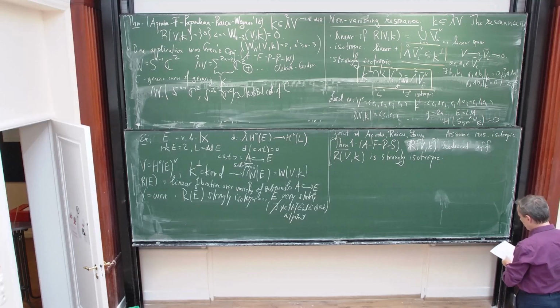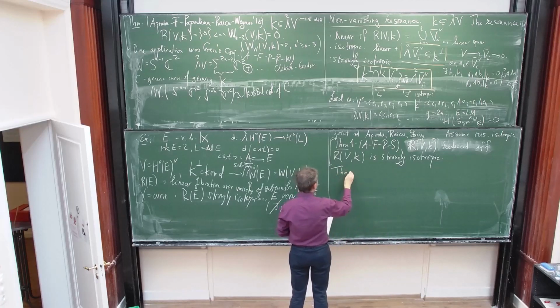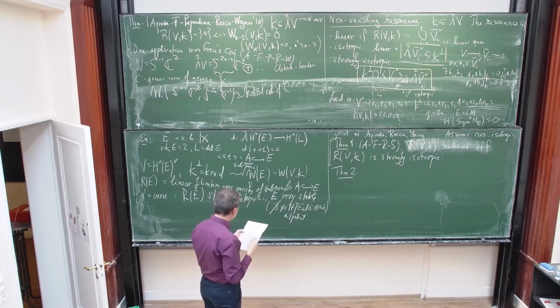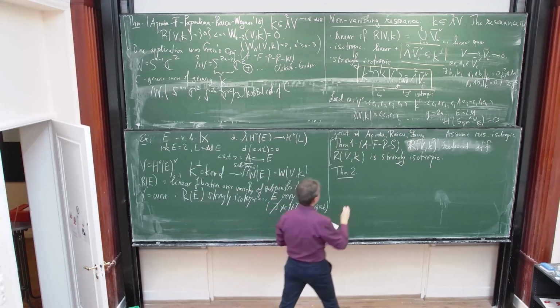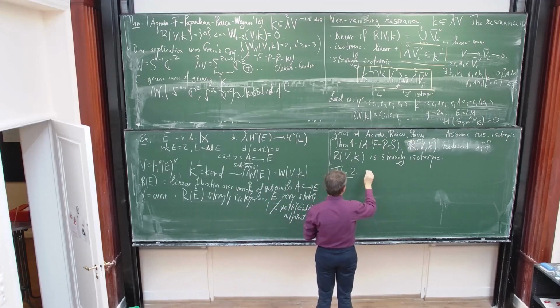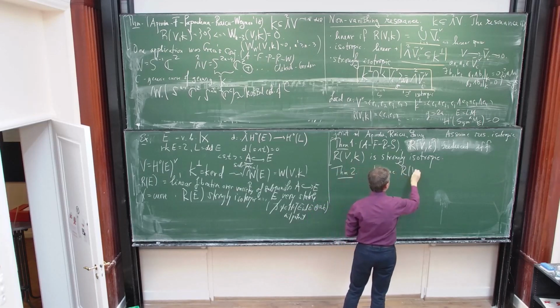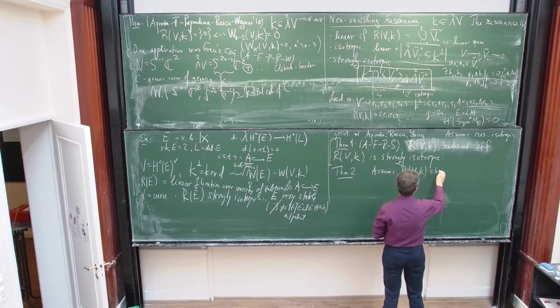And here is theorem 2. It says the following: assume first of all that the resonance is strongly isotropic.